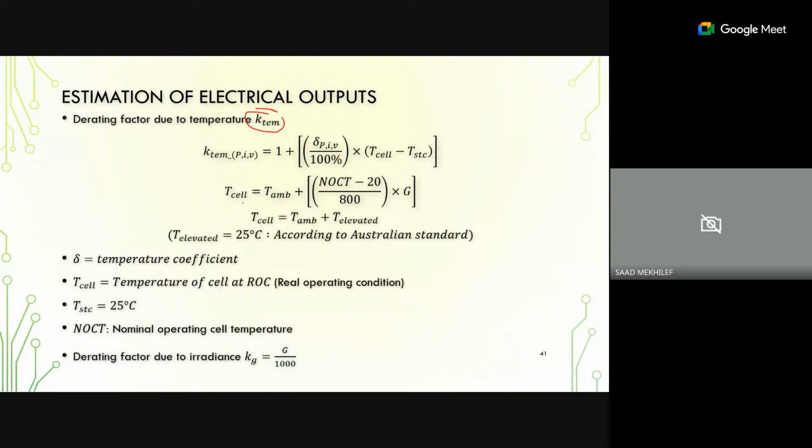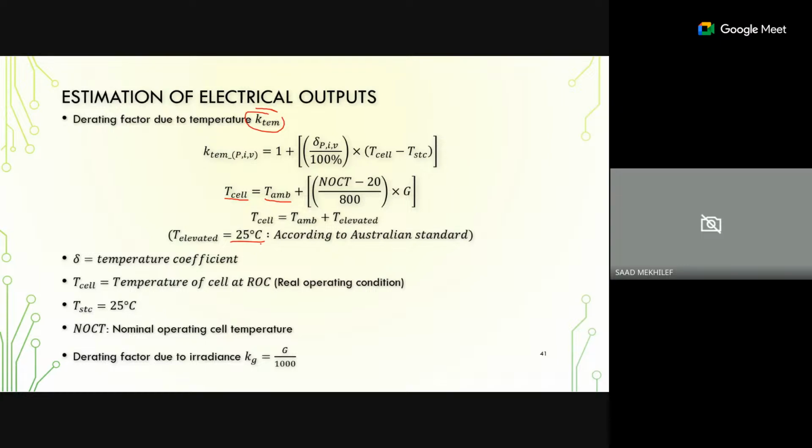For example, if the ambient temperature is 20 or 25, like today in Melbourne it is around 36, then the cell's temperature is 36 plus this quantity. Most of the time the cell's temperature may be around 50 to 70 degrees Celsius.